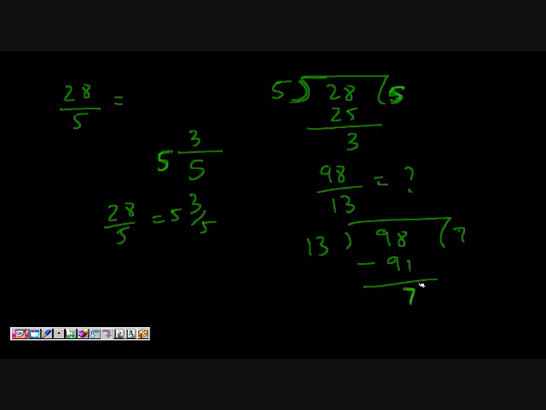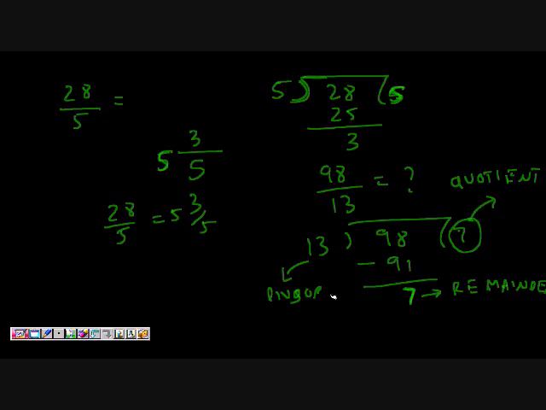So we can write it as a mixed fraction as the quotient, the remainder, and divisor. We write the quotient as the whole number, the remainder as the numerator, and the divisor as the denominator.